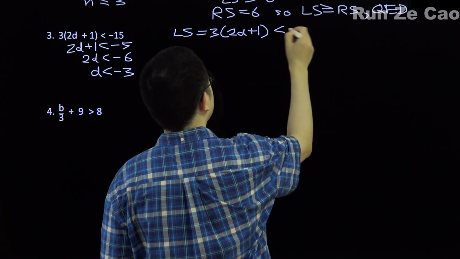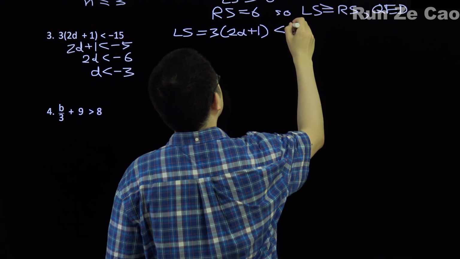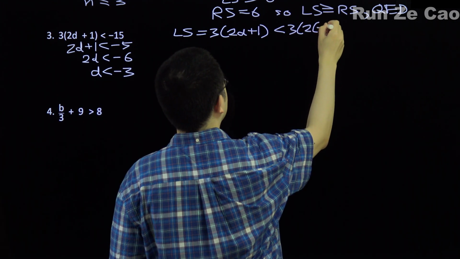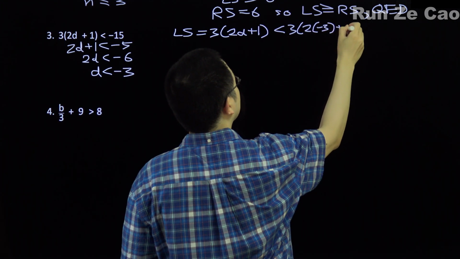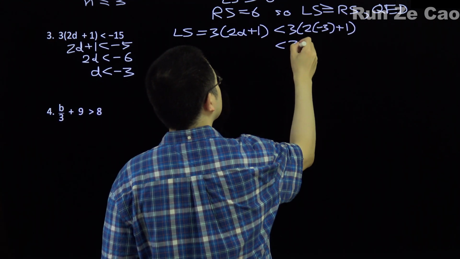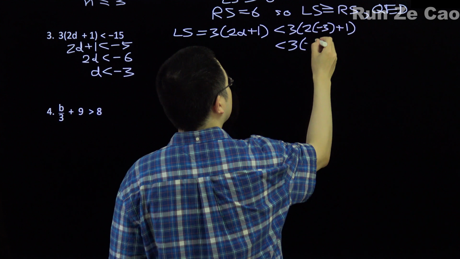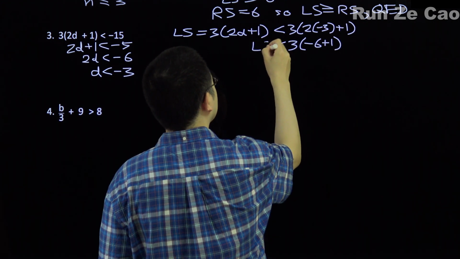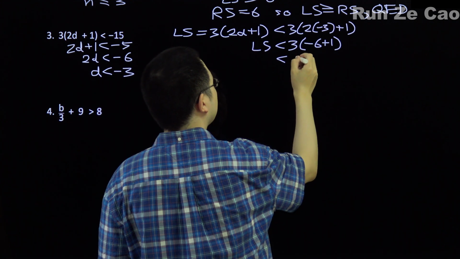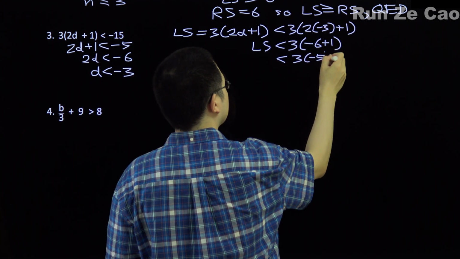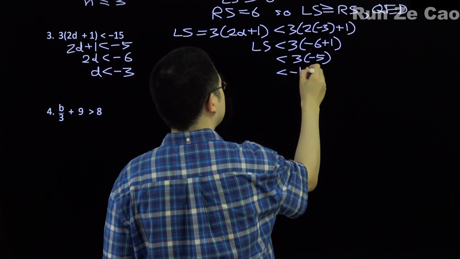So it's smaller than 3 times 2 times negative 3 plus 1. So it's smaller than 3 times negative 6 plus 1. Left side is therefore smaller than 3 times negative 5, which is negative 15.